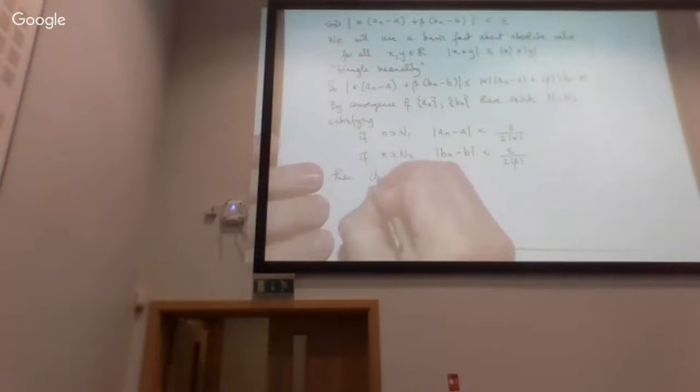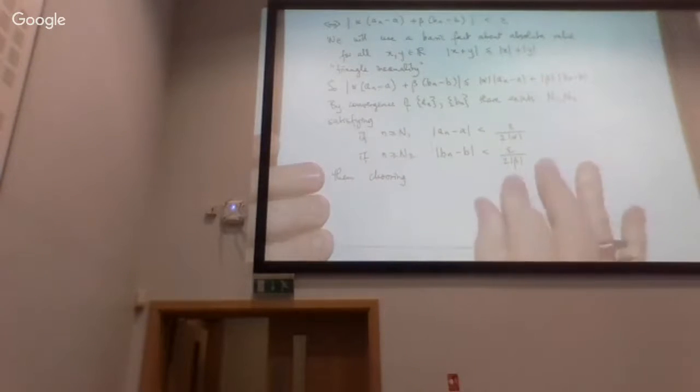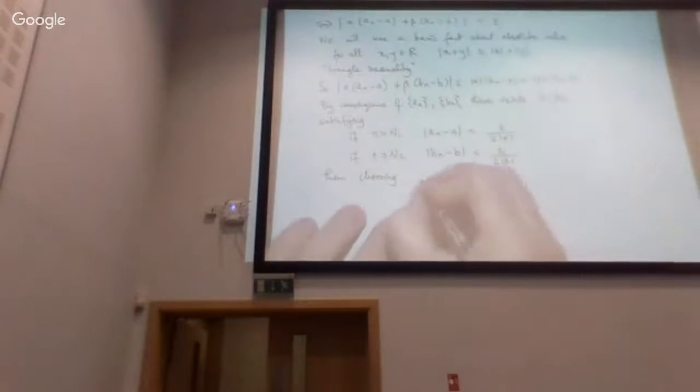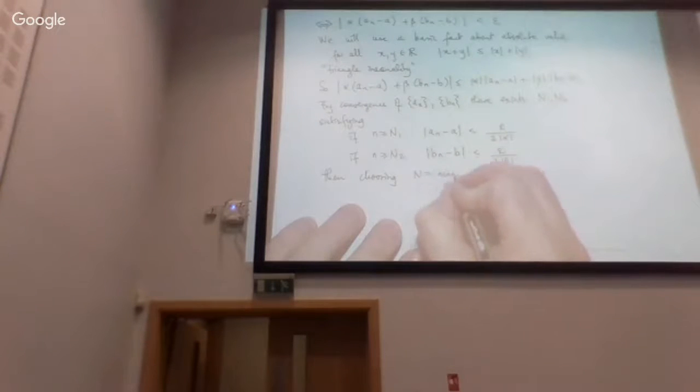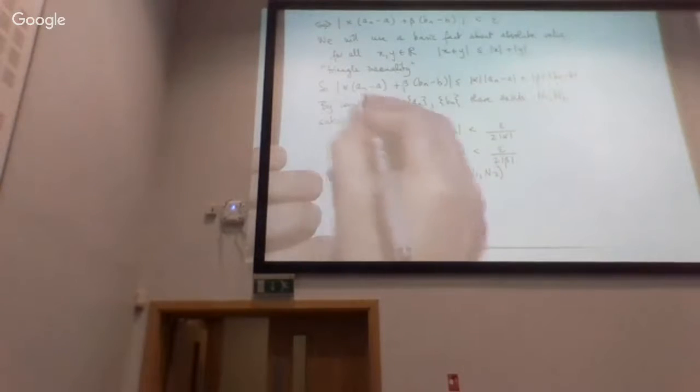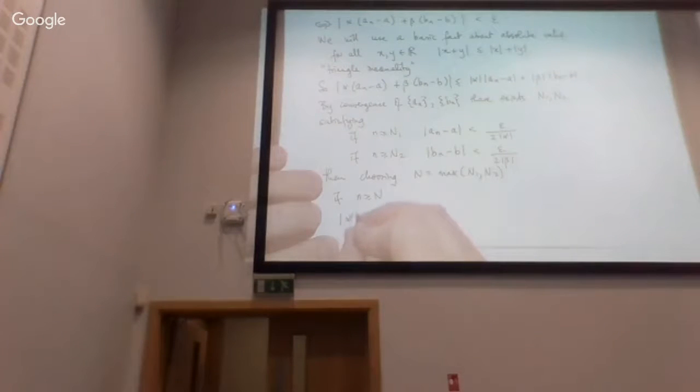Then choosing, and remember the overall aim is we have to show that there exists an N. Well, here comes what the N is. The N is chosen to be the maximum of these two, N1 and N2. So then if n is strictly greater than this maximum, capital N, the inequality I'm interested in, the absolute value of alpha times an minus a, plus beta times bn minus b, can be made strictly less than epsilon.